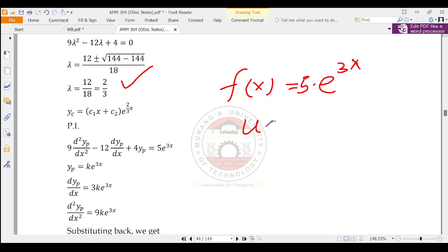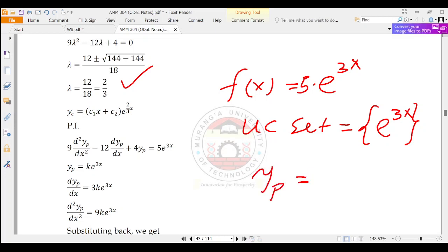So the UC set here has only one function, e raised to power 3x. And therefore yp, which we say is a linear combination of the functions in the UC set, there is only one function, so we write k e raised to power 3x.